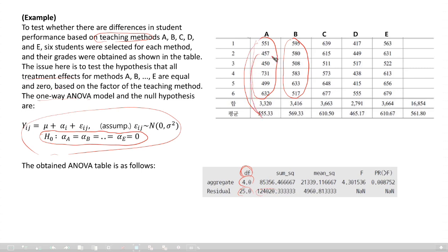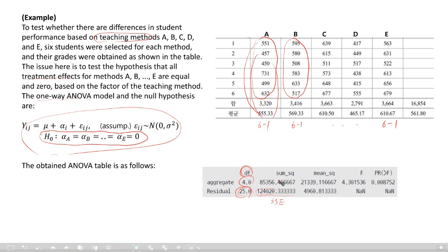Okay? And the degrees of freedom here: from here to here, there are 6 squared deviations. So the degrees of freedom is 6 minus 1, 5. Here, 6 minus 1 and 6 minus 1, so 5 times 5, 25 degrees of freedom. The calculated value of the sum of squares error, SSE, is 124,020.